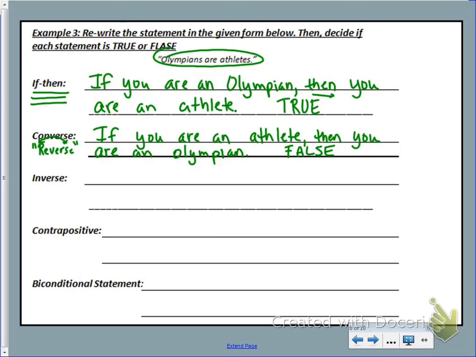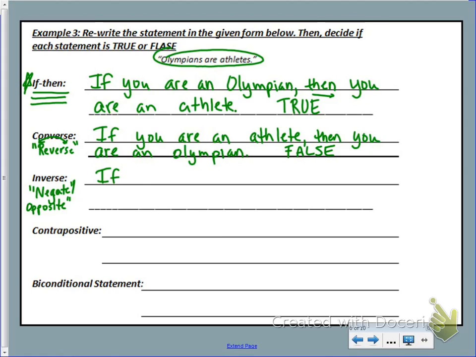The inverse is where we negate. Keep in mind, negate is really just like the opposite. So this is where we're going to insert the word not into our if and then. So if we look at this, our original if-then statement, we're always going to come back to that, so we're not coming back to the converse. Our original if-then statement said, if you are an Olympian.